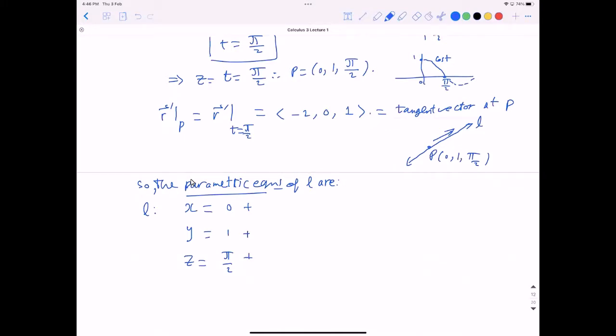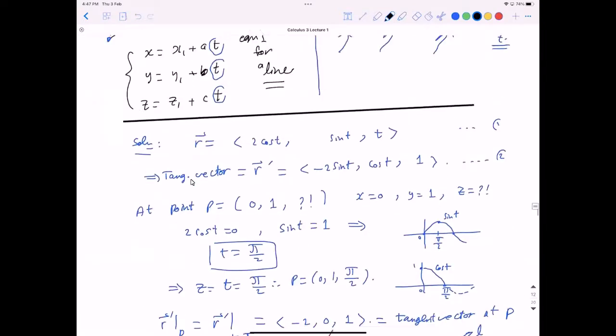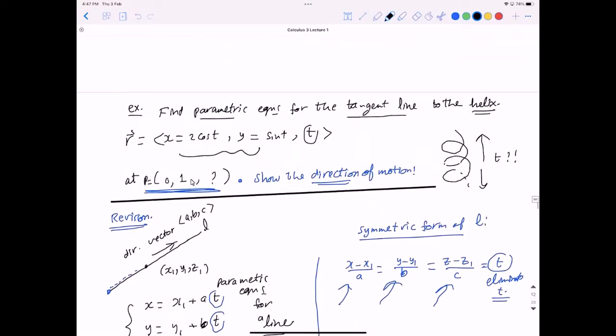The vector is put here. So negative 2t plus 0, t plus 1, t. Of course, we can simplify it: negative 2t, here 1, here pi over 2 plus t. You can put it in the symmetric form if you are asked to, but here it's not.